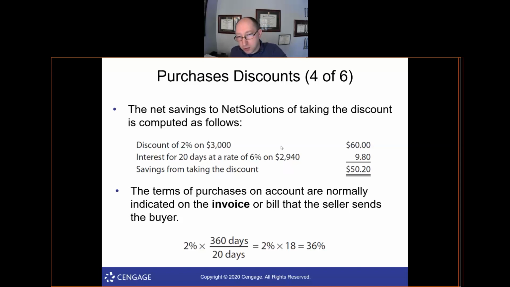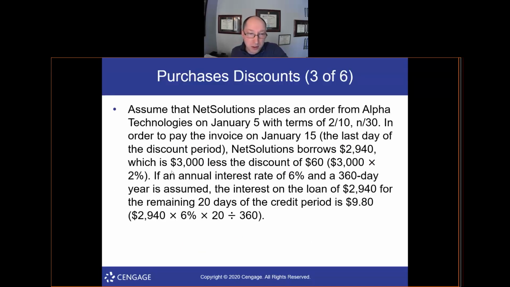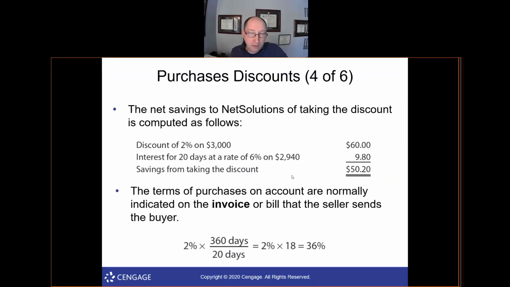If there's an interest rate associated with the balance, let's say there's an annual interest rate of 6%, and the total payment amount is $2,940, 6% of that is $9.80. So $60 minus $9.80 will give you a total savings of taking the discount of $50.20. That's if there's an interest rate associated with the total payment.